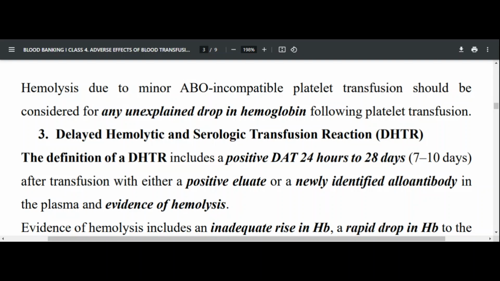I hope you understand positive DAT or direct antiglobulin testing, because we have to collect patient blood in order to identify already, or in vivo, sensitized RBC. That's what we do with DAT. But what is positive eluate? Positive eluate means we do what we call elution technique.